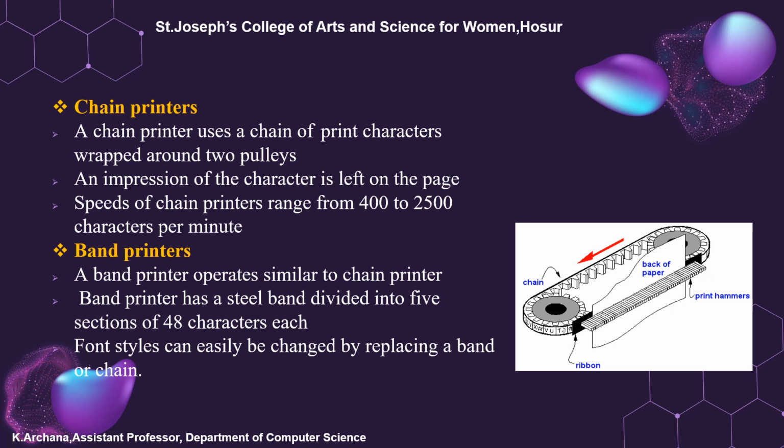Next one is the band printers. A band printer operates similar to a chain printer. A band printer has a steel band divided into 5 sections of 48 characters each. Font styles can easily be changed by replacing a band or chain.